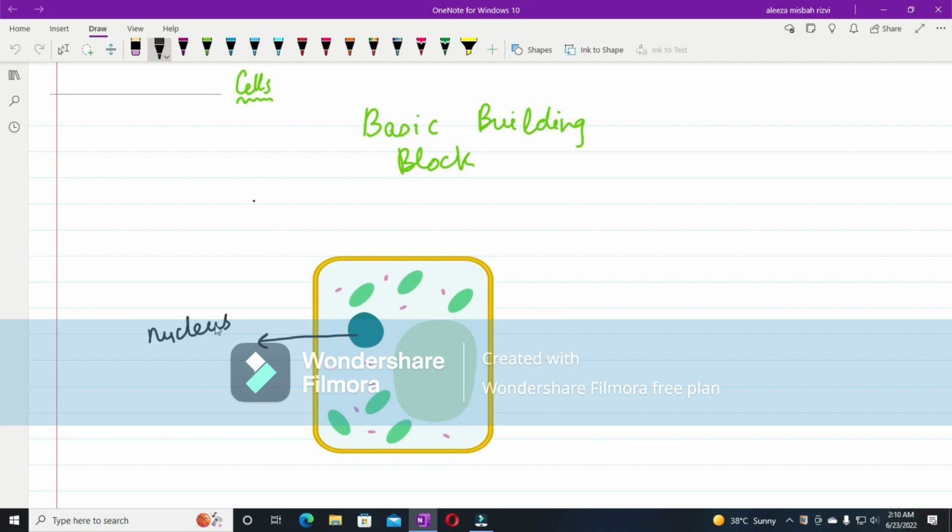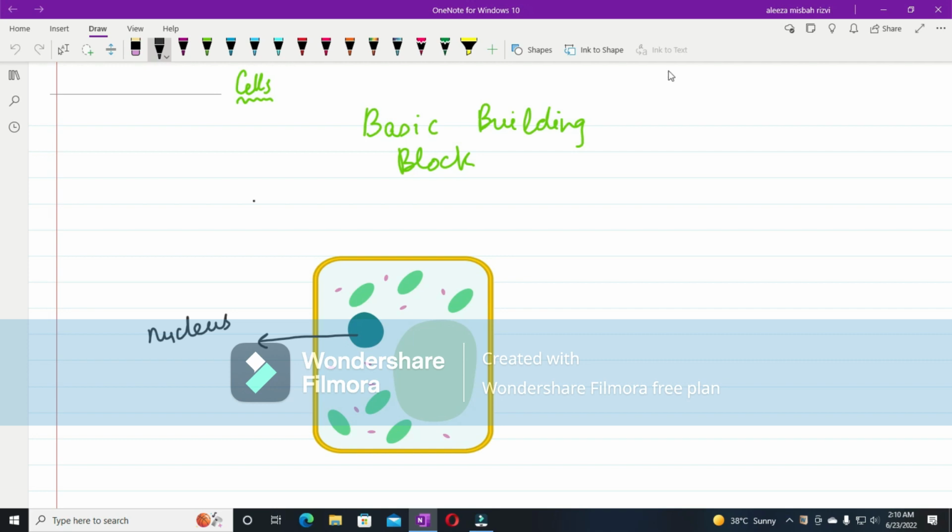So basically, the function of the nucleus is to control the metabolism by determining which proteins the cell can produce. It is just like a control tower of the cell, and it controls the exit and entrance of materials in and from the cell, and it controls the whole system of the cell.